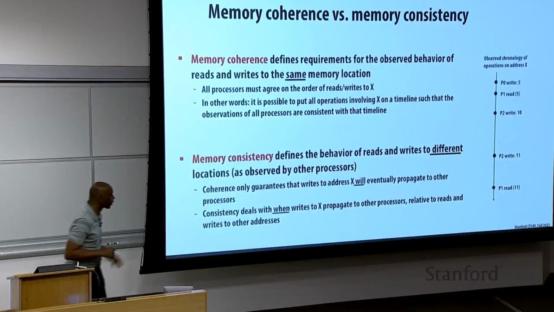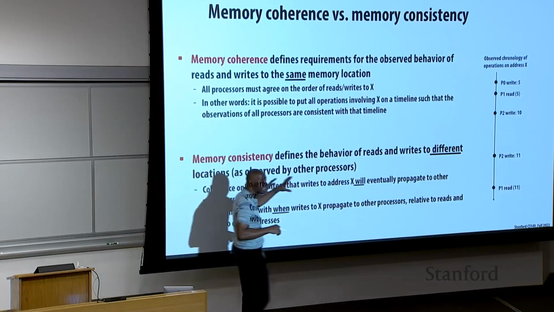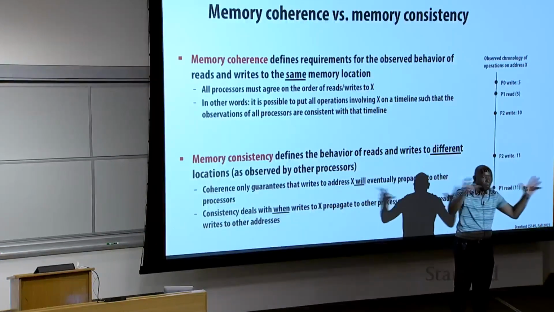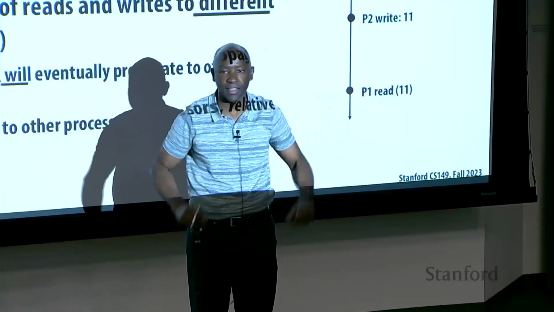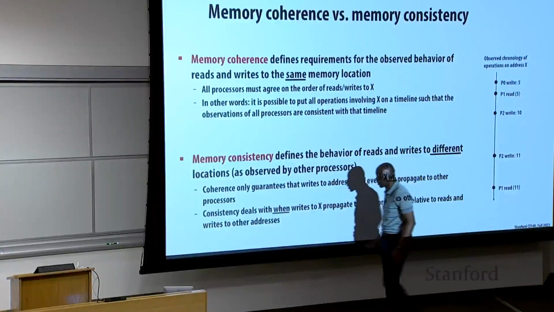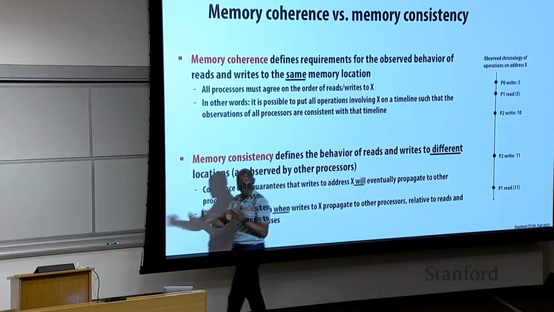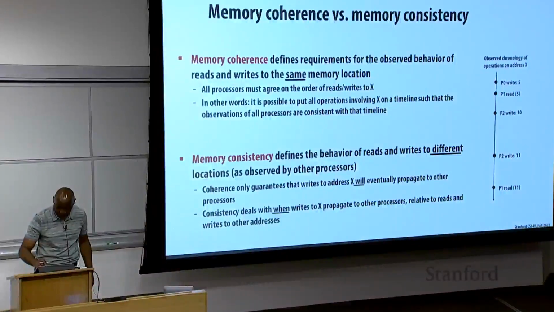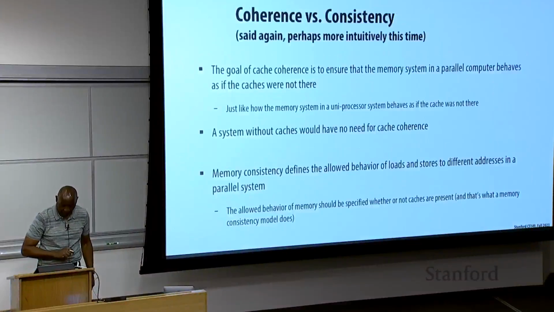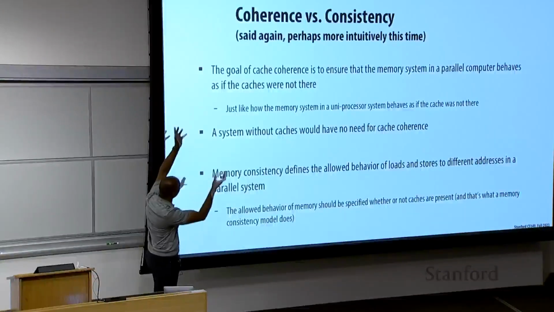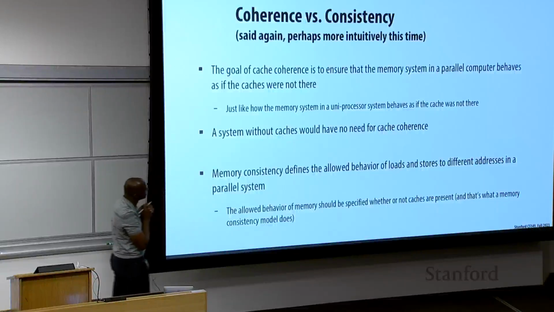Coherence says that eventually any writes made to a particular address will all be seen by all the processes in the same order. Consistency says when reads and writes to different addresses get seen by reads from other processes.